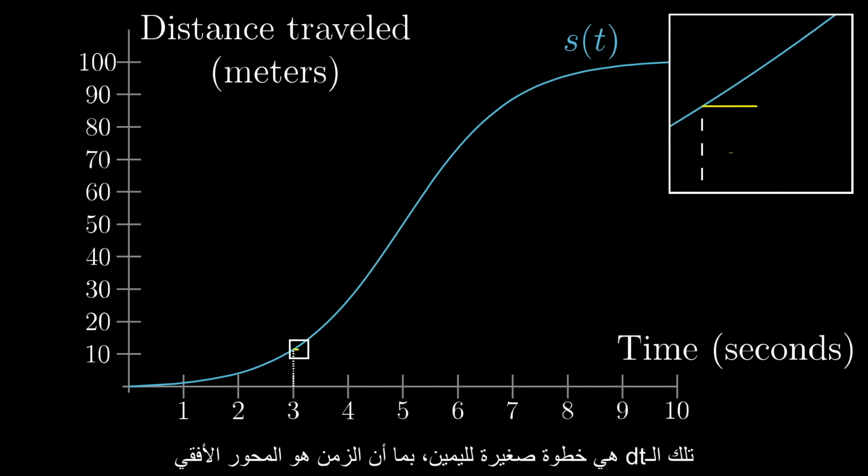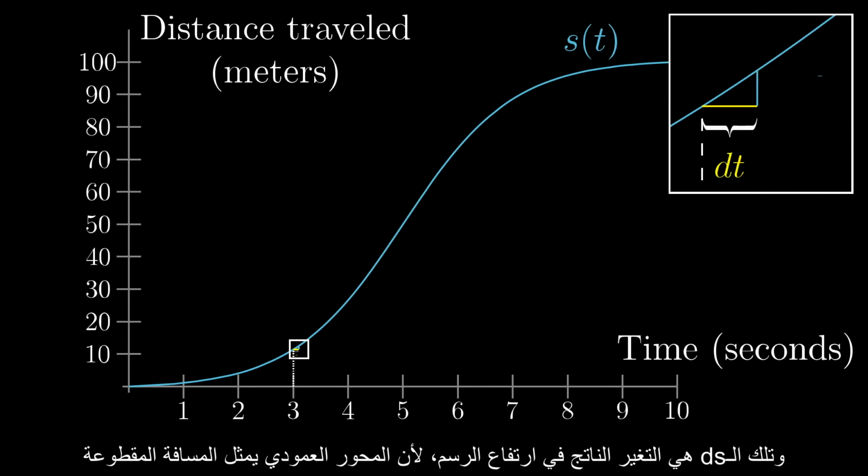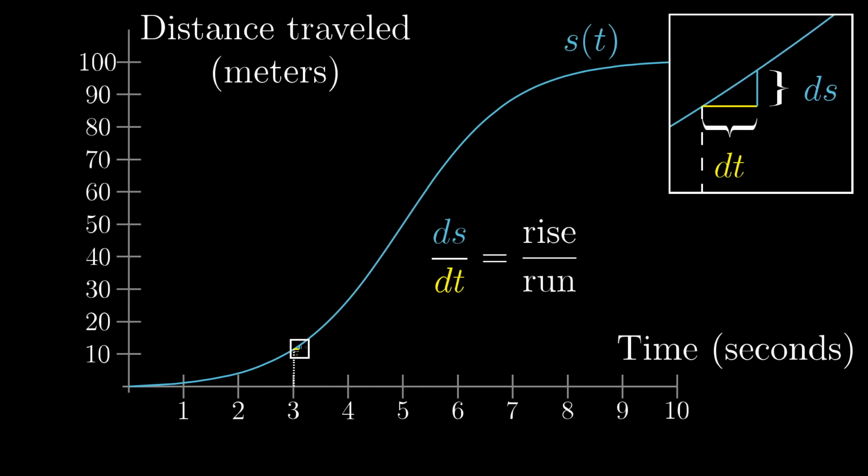That dt is a small step to the right, since time is on the horizontal axis. And that ds is the resulting change in the height of the graph, since the vertical axis represents the distance traveled. So ds divided by dt is something you can think of as the rise over run slope between two very close points on this graph.